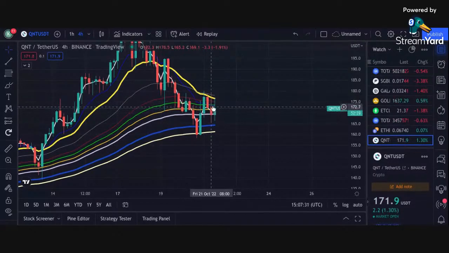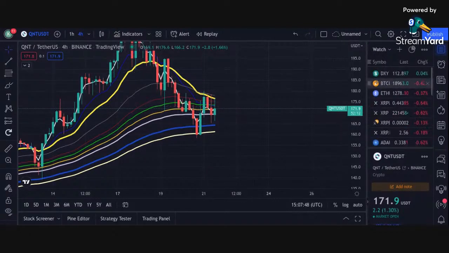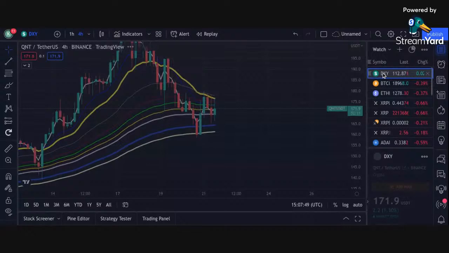And getting your crosses back, getting your 11 moving back up, all of this needs to happen. It's a good way to understand what these EMAs are doing. Another important thing, of course, that I always chronicle is the index, because it's quite relevant.